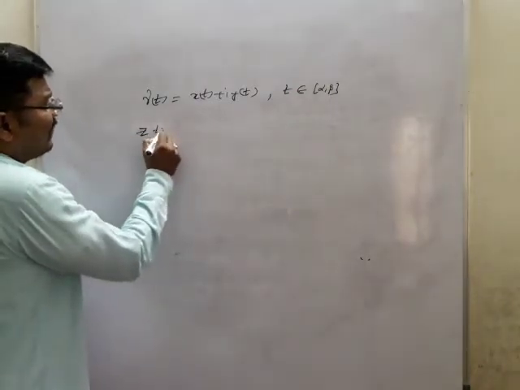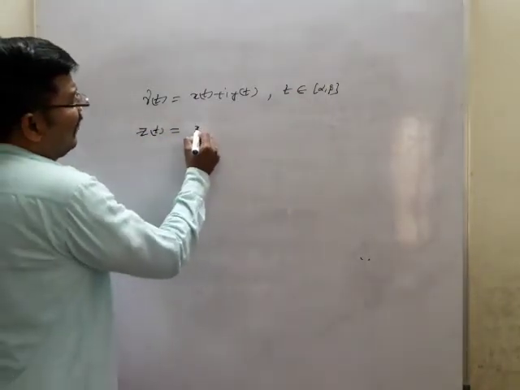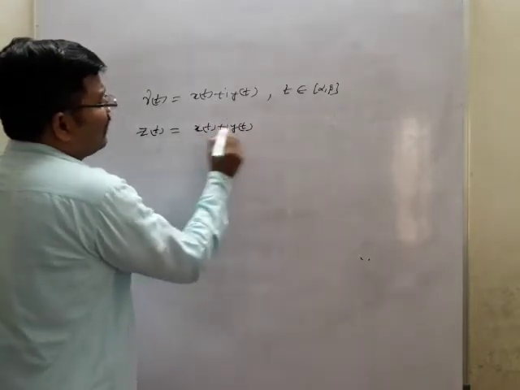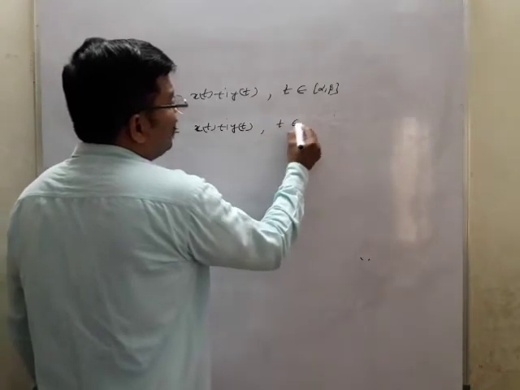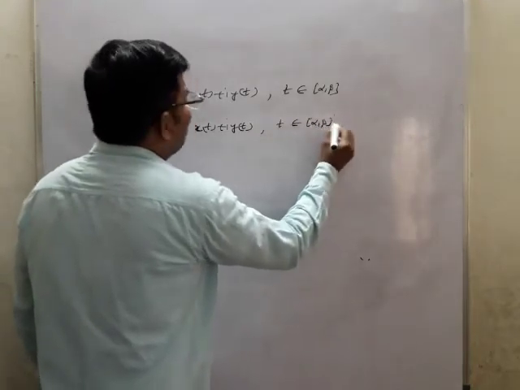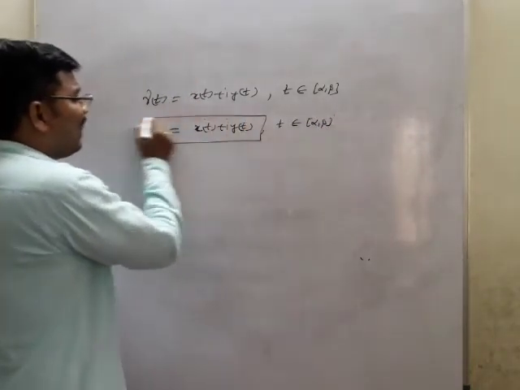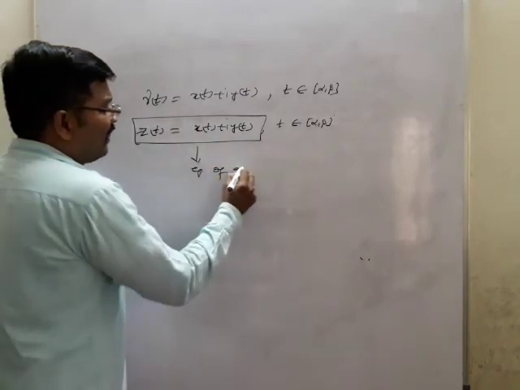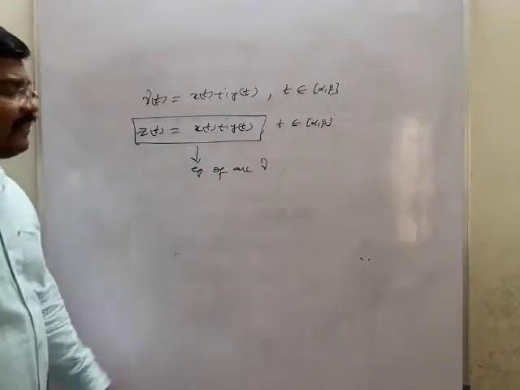Then z of t can be taken as x of t plus i y of t, where t belongs to alpha, beta. This is the equation of the arc gamma.